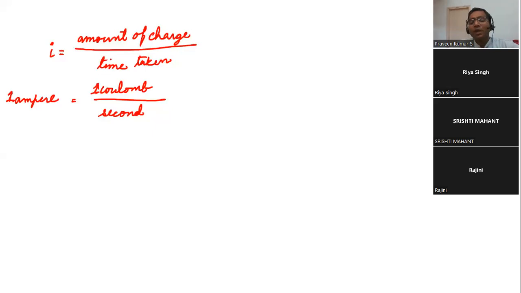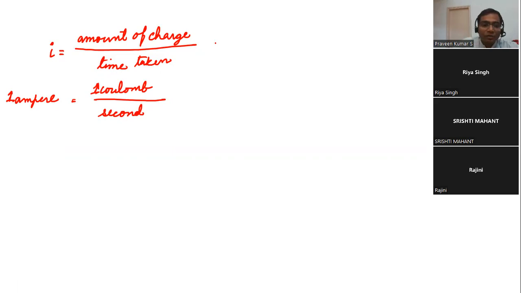But what does this 1 coulomb of charge mean? How many electrons have to cross if it has to be 1 coulomb? Any idea? So here we will have to know the charge of an electron.